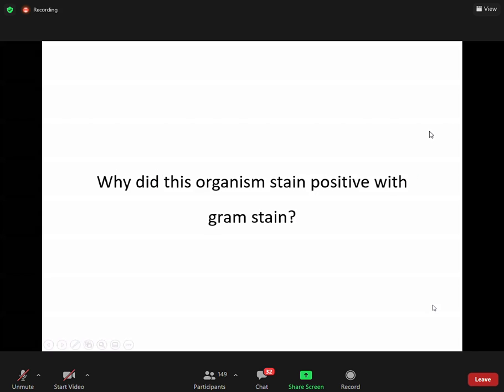Why is this organism positive for gram stain? What makes this organism positive for gram stain? What is peptidoglycan?